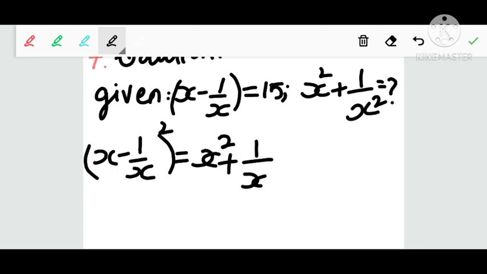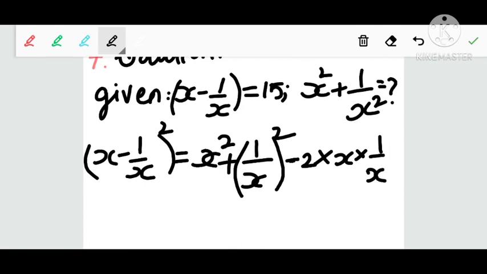That means I have to use the a minus b the whole square formula: a square plus b square minus 2 into a into b. I take it like this. By using this, x will get cancelled and finally you get minus 2. So x square gives the same x square.